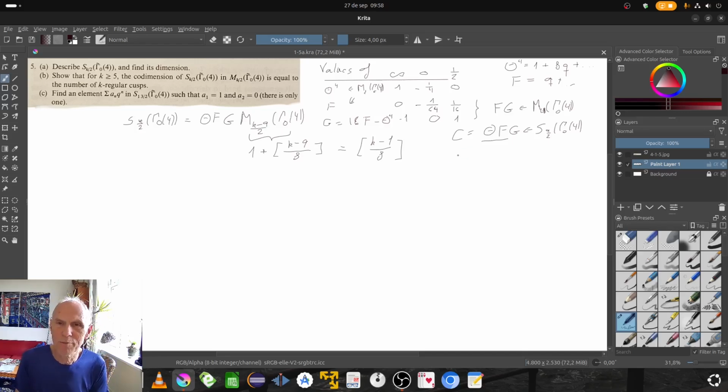What I'm saying is the dimension of, if k is 18, then the dimension becomes 2. And if we put 17 in here, if we put 16 in, it gives 1. If we put 17 in, then it gives 1 as well. Now, what am I doing? This is k.